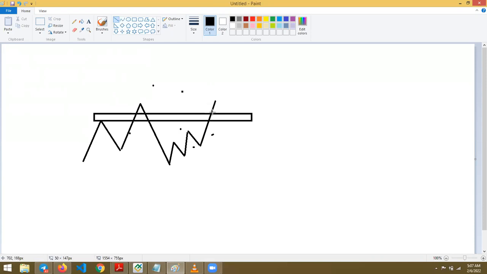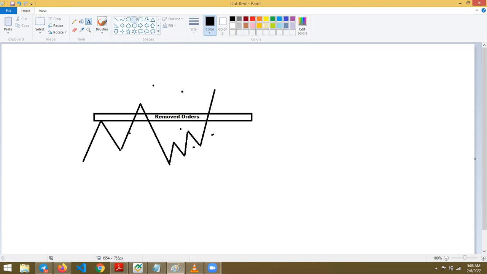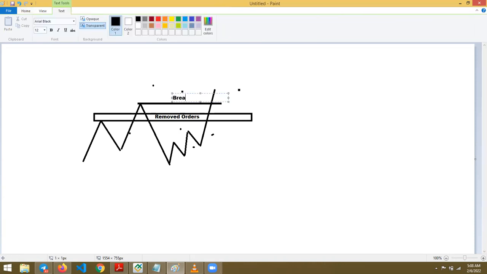Then for whatever reason, this zone here doesn't respect, right? So if this zone doesn't respect and price just breaks it. So now here we shall have what we call our removed orders, meaning that the smart money have removed their orders from that area there, right? And then price goes ahead to break this area here, right? So now here we have what we call a breaker. So we have a breaker right above there.